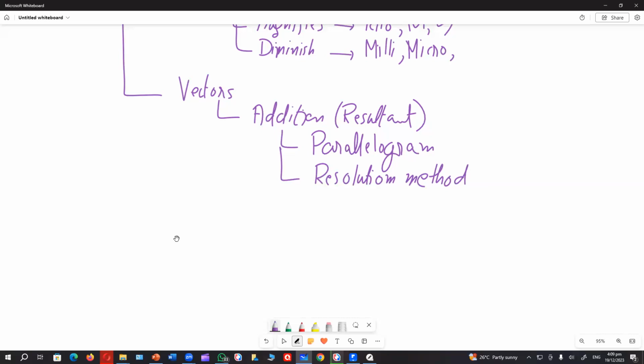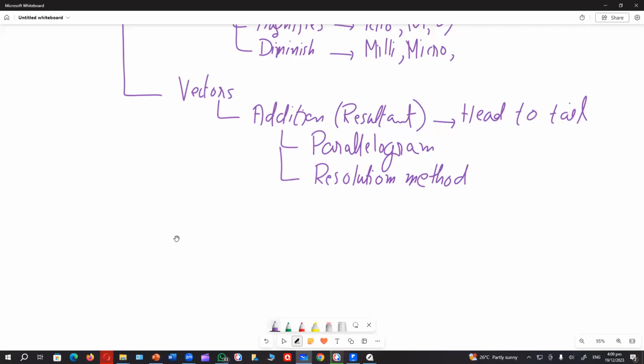Parallelogram method is applied for two vectors only. The resolution method can be applied for multiple vectors. The actual method, which deals with all these methods, is the head to tail method.